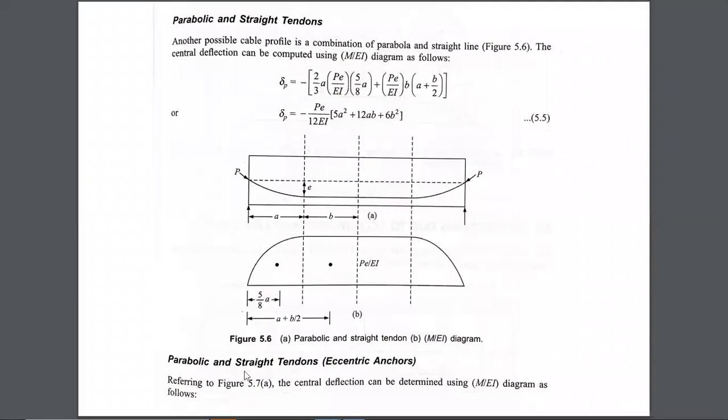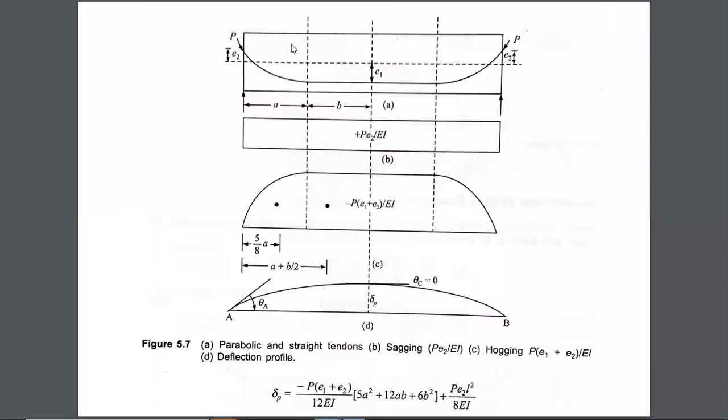Next, parabolic and straight tendon, eccentric anchor. In the previous one there is no eccentricity at the anchorage end, the support end. But the next category has eccentricities in the cable, E1 and E2.